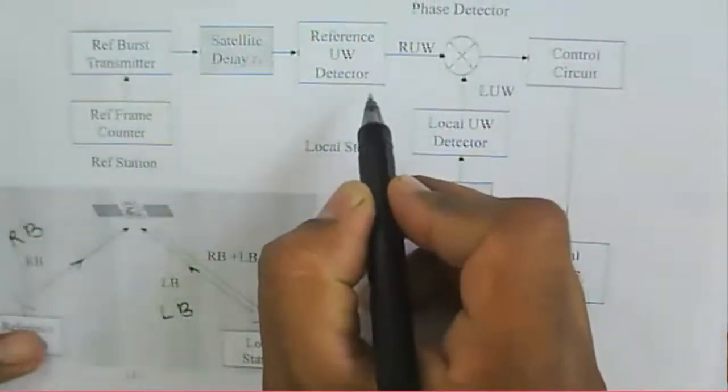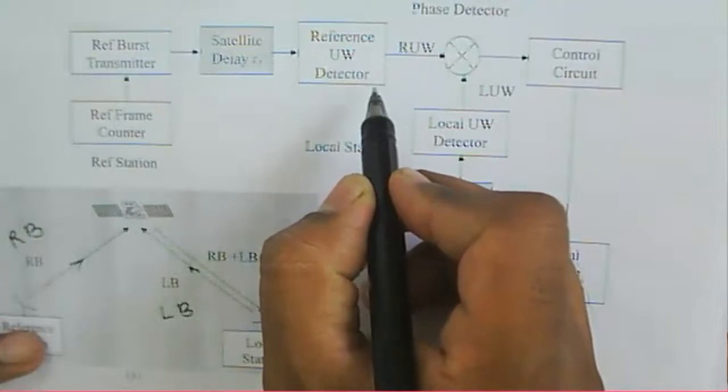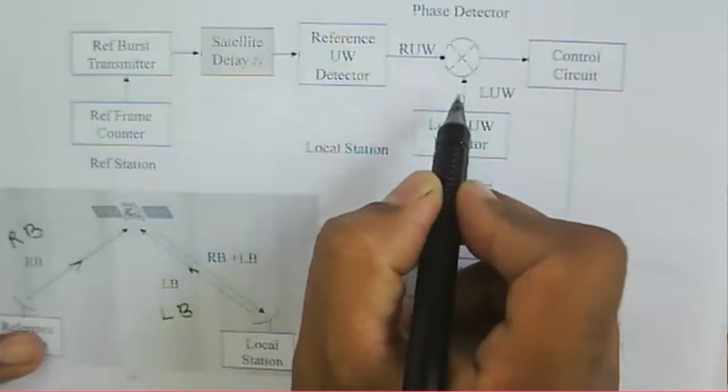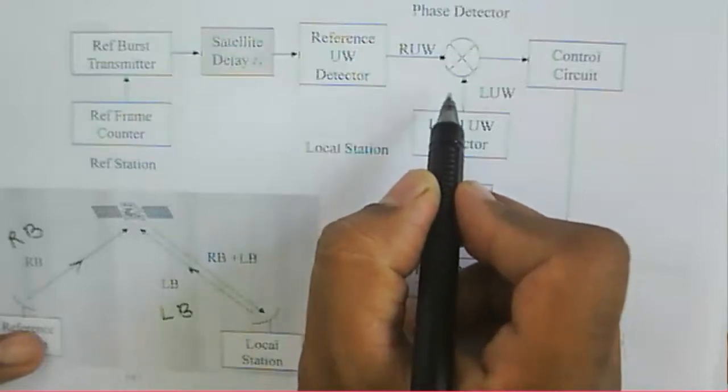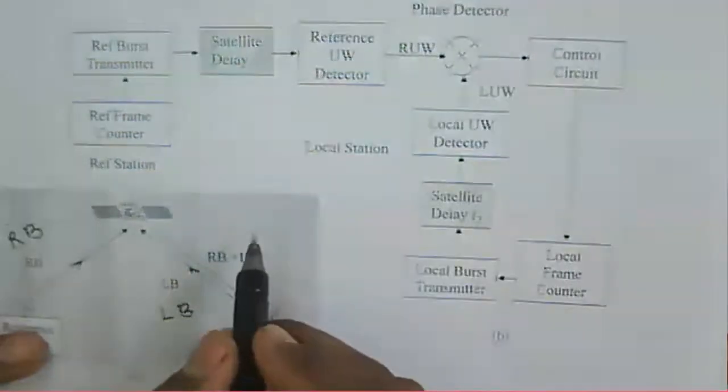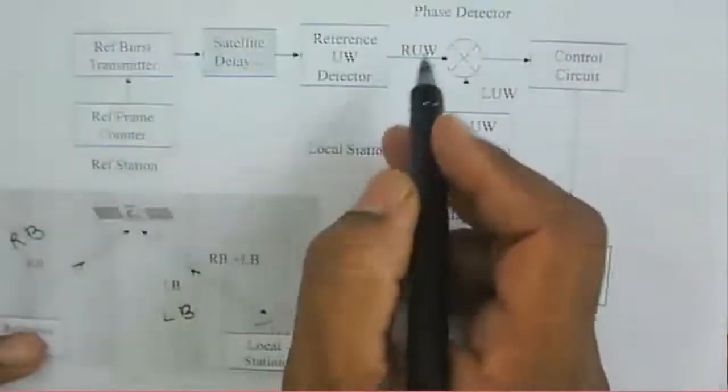Okay, when the difference between that RUW and LUW pulse equals zero, then the adjustment of the position of that local bus in the frame will be stopped.